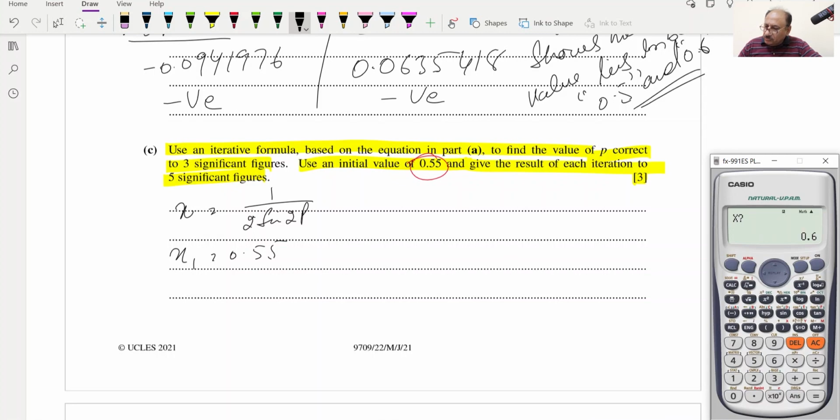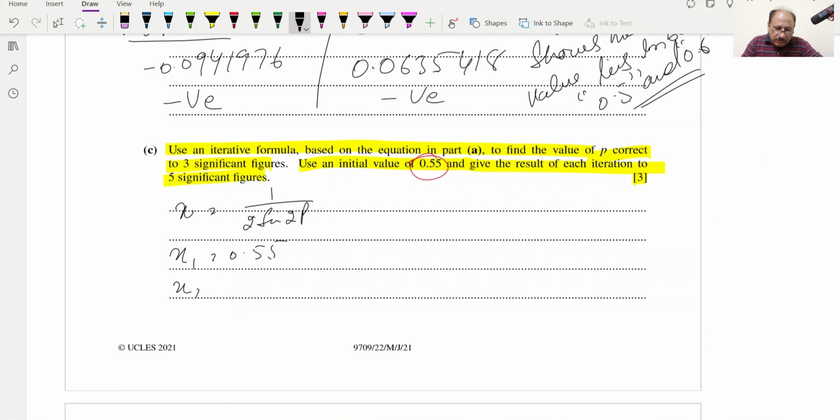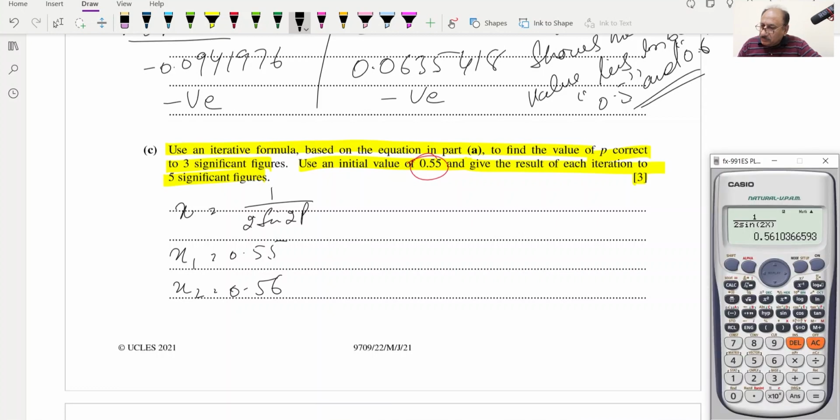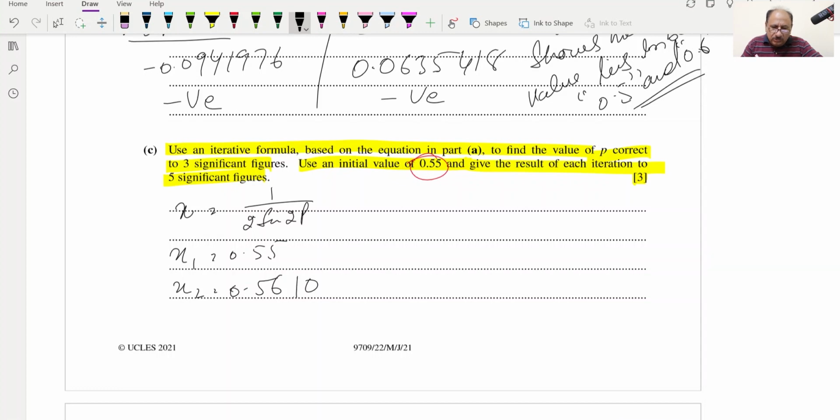Calculate for 0.55, and this will be equal to 0.56, so x2 will be 0.56 and further digits 1036.